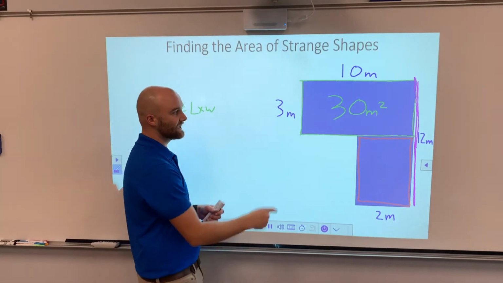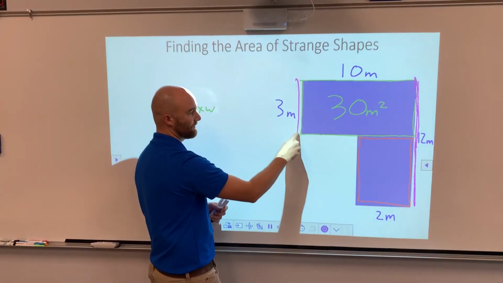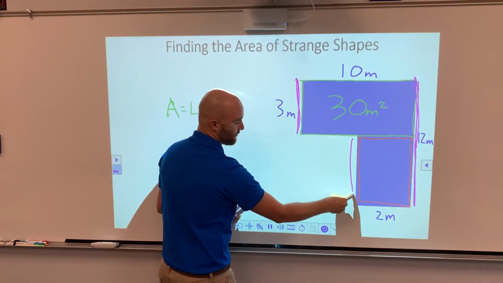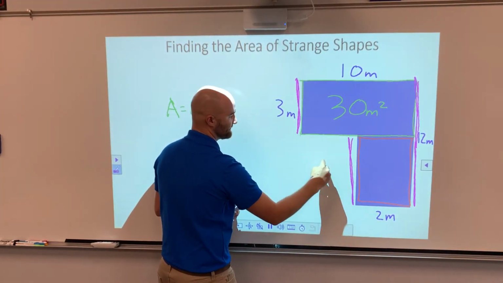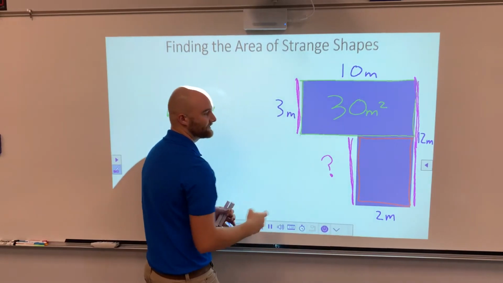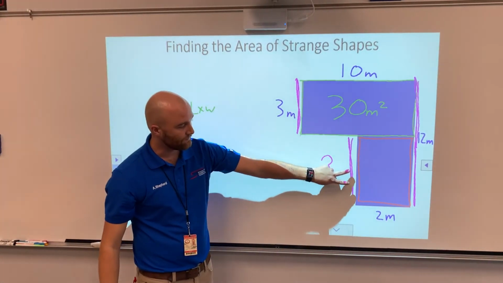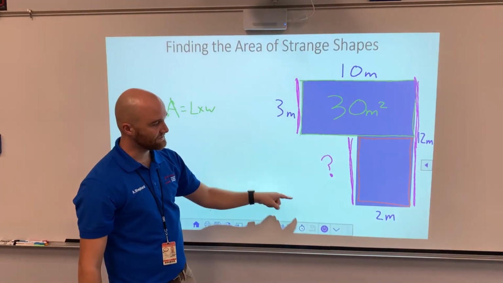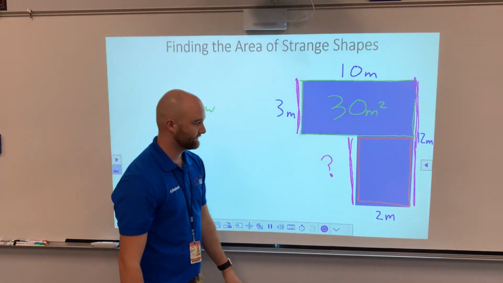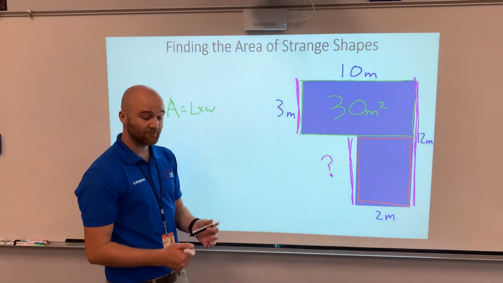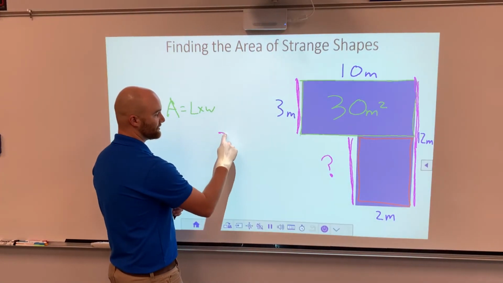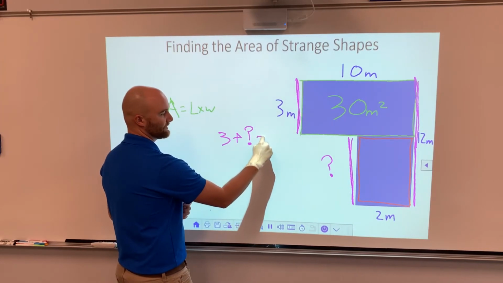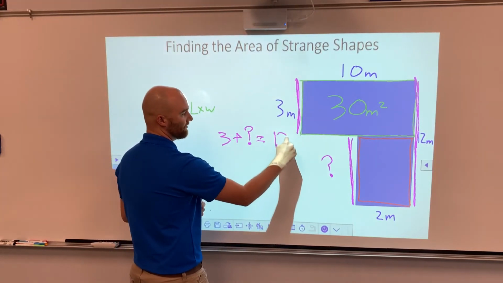And if I were to stack together these two shorter sides that go up and down, this 3 side and this question mark side, does everybody see how if I stack them together, they're the same height as my 12 part? If that's true, then I can write an equation. I can say the 3 part plus the question mark part is equal to the 12 part.